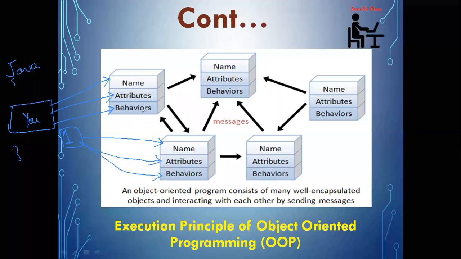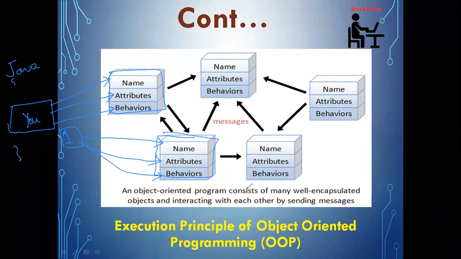All your data is only applicable and available to you. It is not available globally like in procedure oriented programming. And whenever you need any communication, everyone needs permission for the communication. How these communications will be made, we'll see through the example.